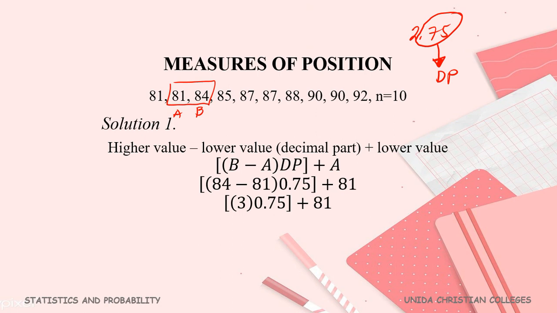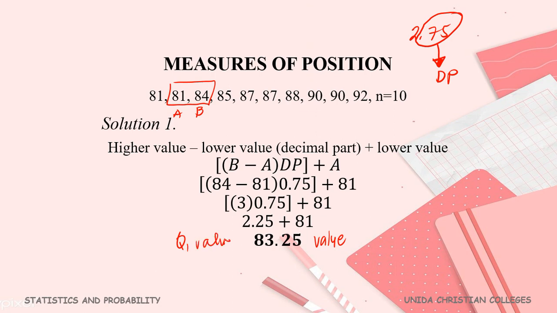So, 3 times 0.75, that is 2.25. And then, after that, add, we have 2.25 plus 81. We got 83.25. And this will be the value of our first quartile.